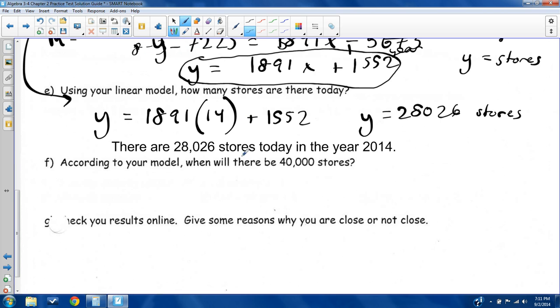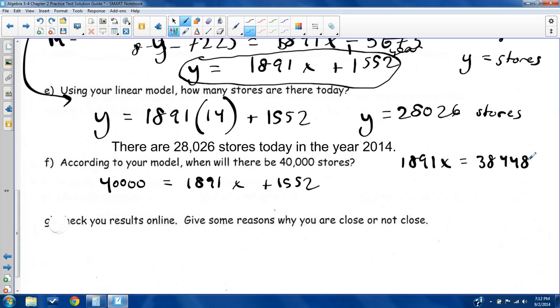According to your model, when will there be 40,000 stores? So that's for y. We'll do 40,000 equals 1891 times x plus 1552. Okay. Subtract 1552, so 1891x equals, let me try and do that in my head, 38,448, is that right?